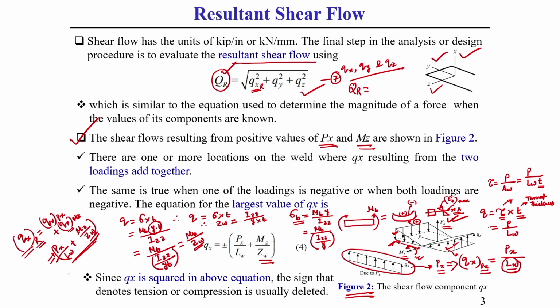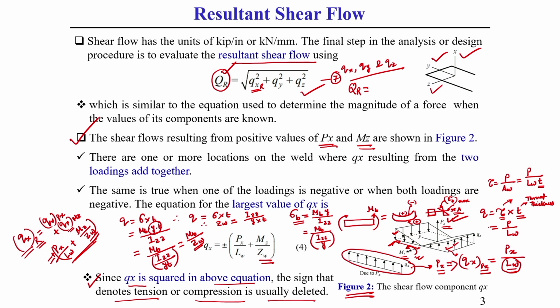Once it is squared, the sign will not affect the resultant QR value, only its magnitude. This you should keep in mind. That is why I have already written here: since Qx is squared in equation number 7, the sign that denotes tension or compression is usually deleted.